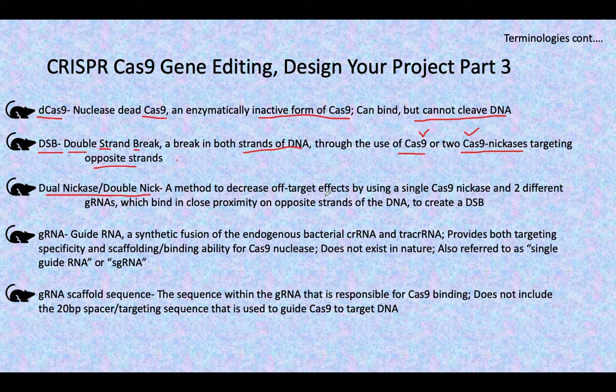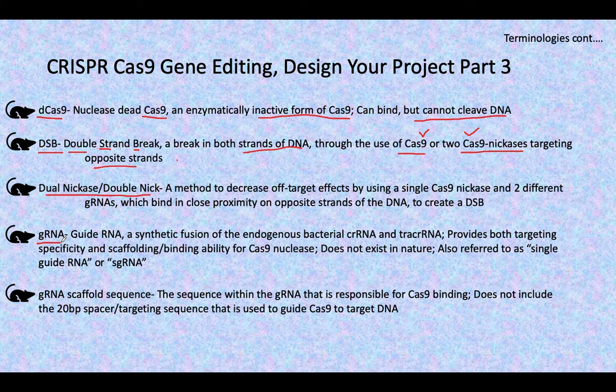For this purpose you have to use two different single guide RNAs, simply we can say guide RNAs, to bring this machinery to that place. We will talk about it in quite some detail later.